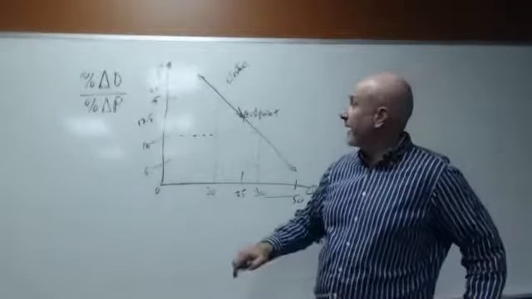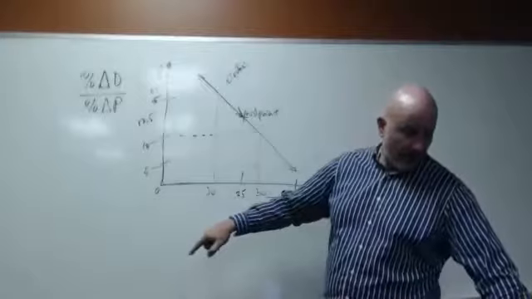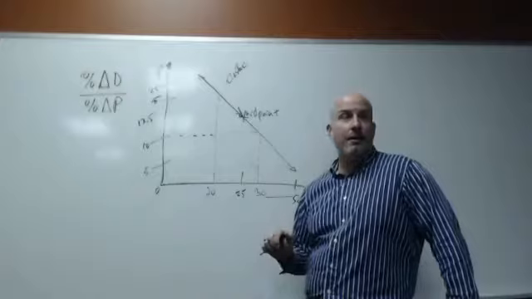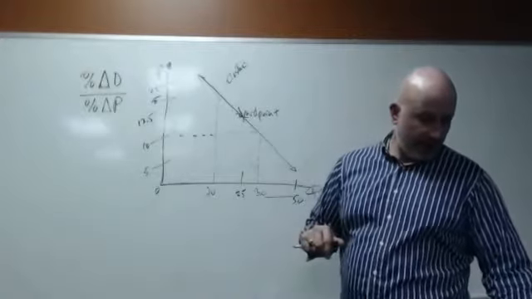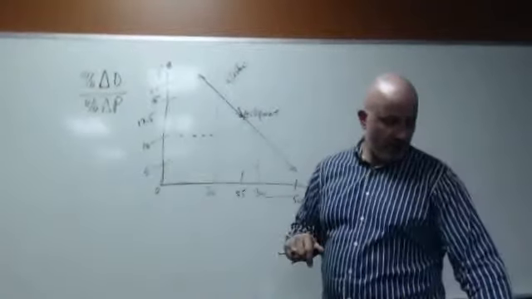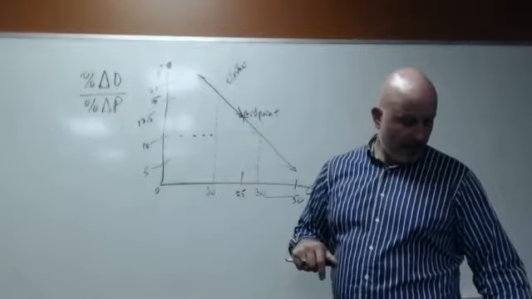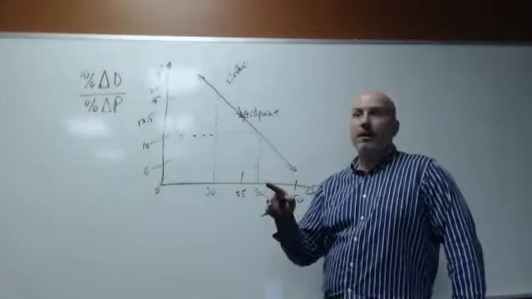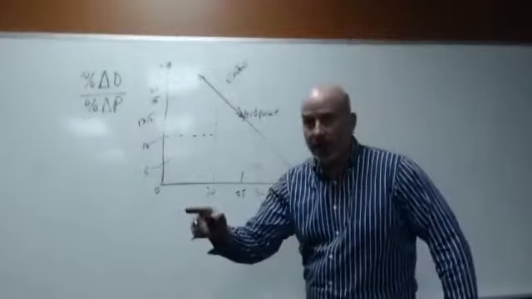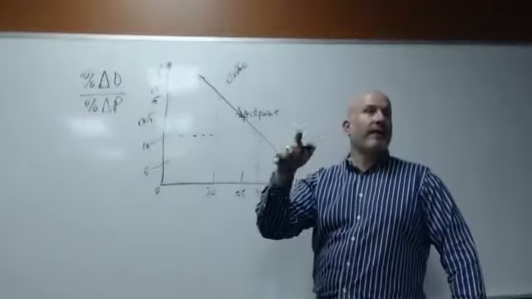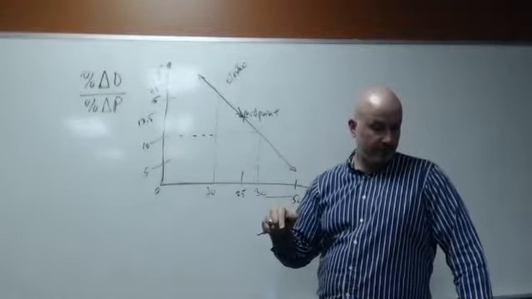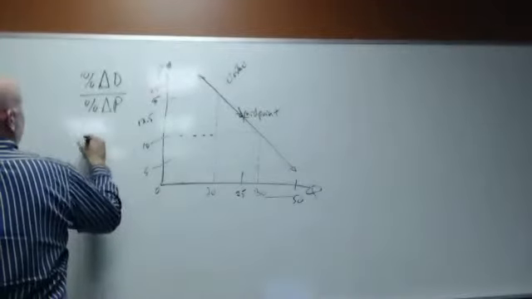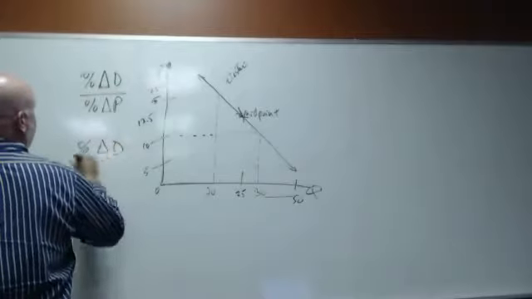All right, now the last formula I would show is the income elasticity of demand. The income elasticity of demand is going to measure quantity demanded and how it responds to a change in income. So now we're going to measure elasticity as it only relates to income. Don't let it trip you up.